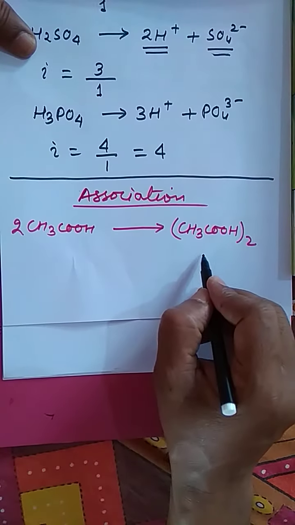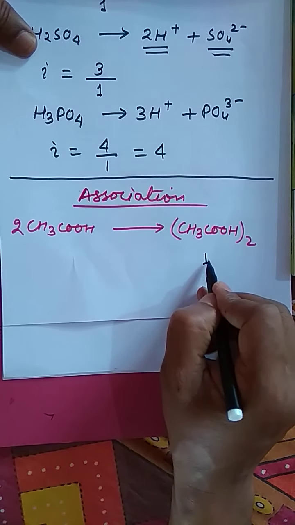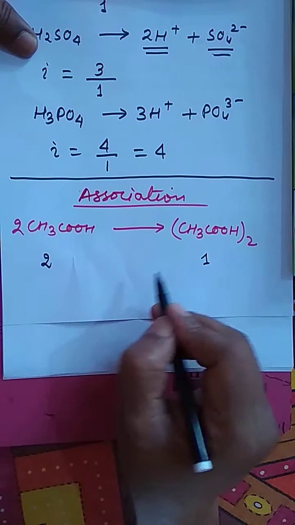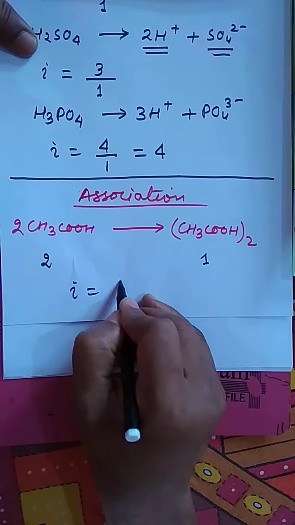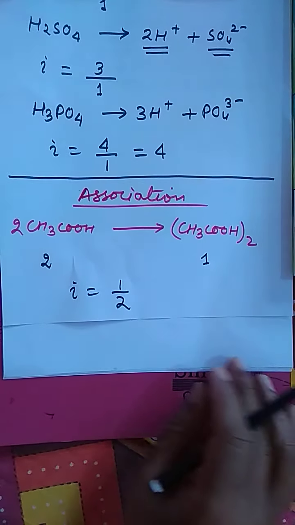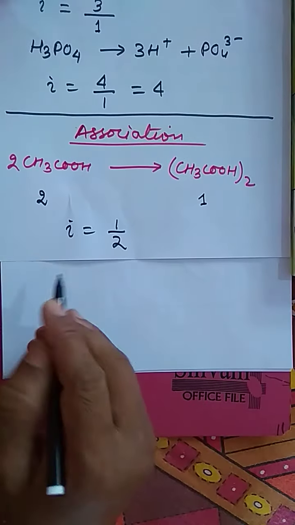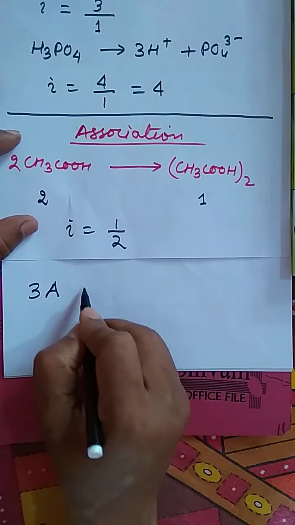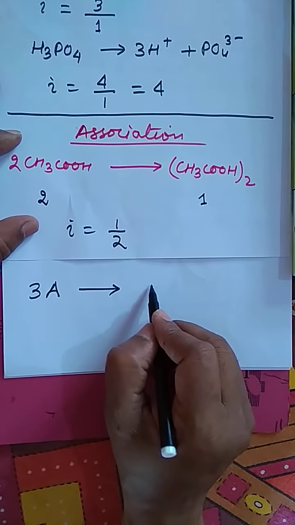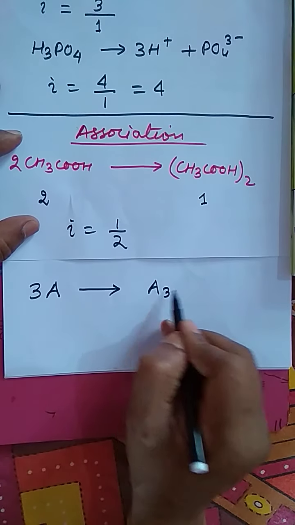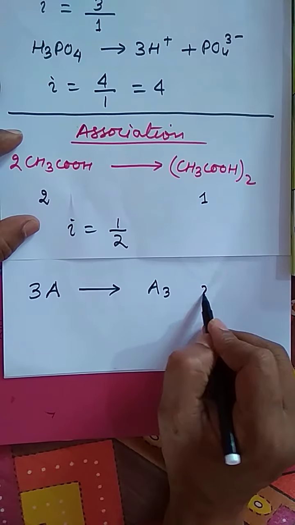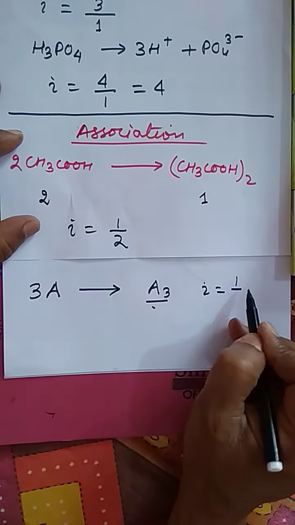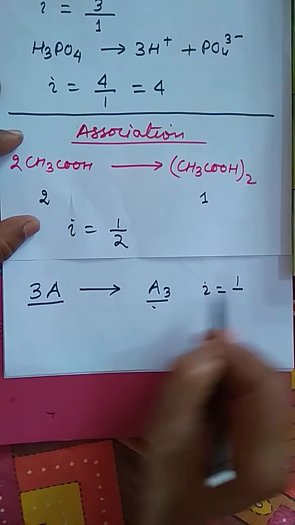So after association it becomes 1, and before association it is 2. So the value of i is equal to 1 by 2, right? Suppose 3 molecules of A form a trimer, right? So in this case the value of i is equal to 1, and before association this is 3.